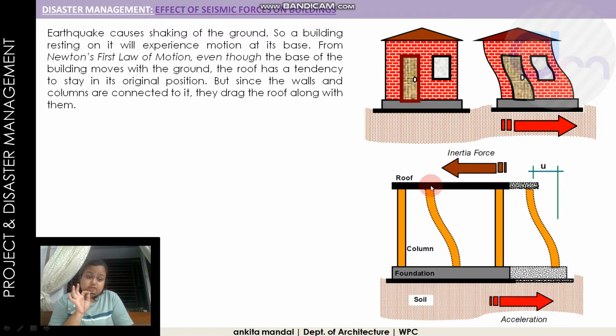When the roof is trying to stay in place, a force called inertia force starts to work, while there is an acceleration in the foundation. So there is a displacement, which is u. The more displacement, the greater the chance of damage to the building, such as cracks or breaks.